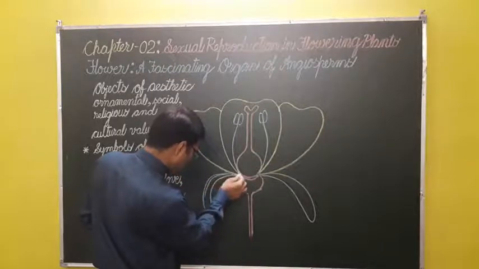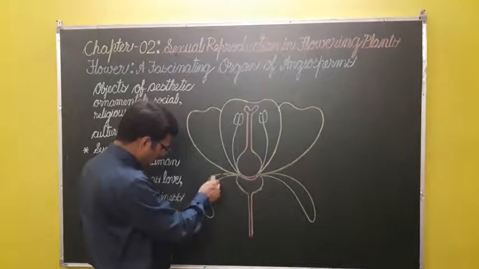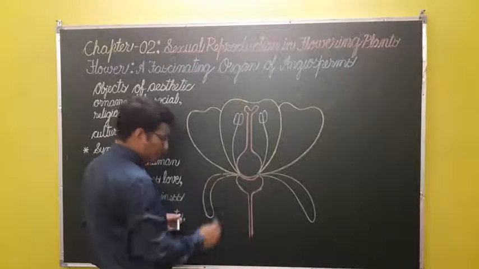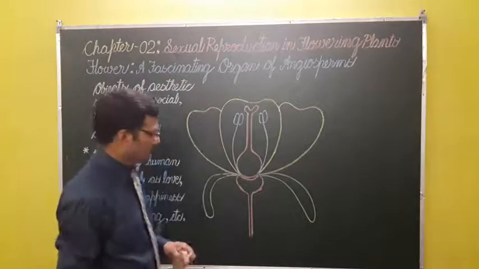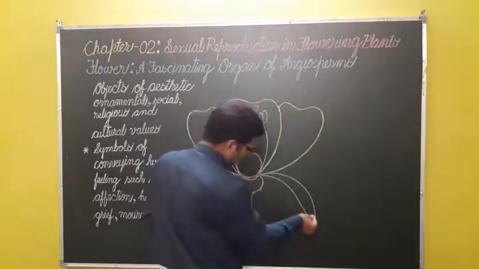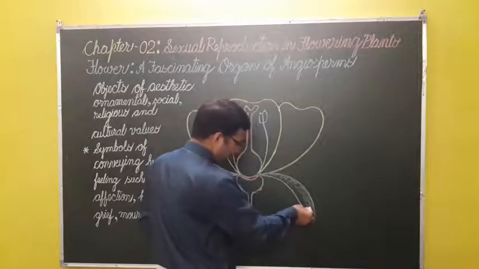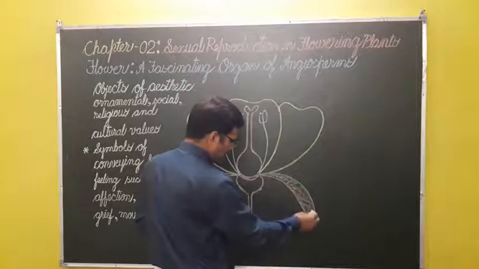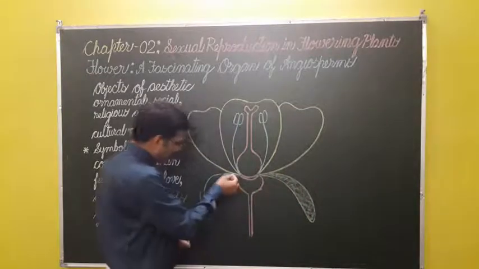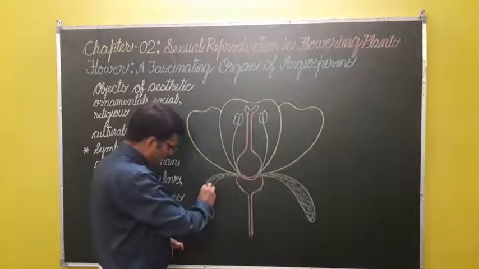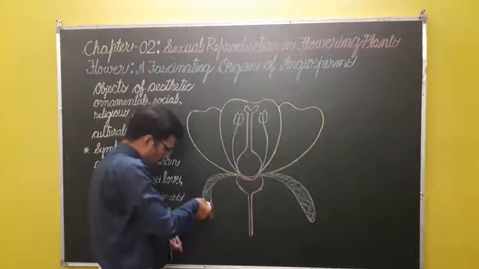And calyx is again made up of unit structures, and that is called sepals. So sepals are green in color. They just look like a leaf, green in color. What is the purpose of the sepals in a flower, or you can say what is the function of the sepals? So sepals protect the flower in the bud stage, right?